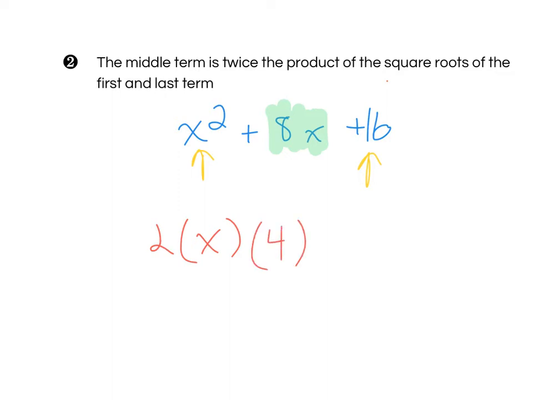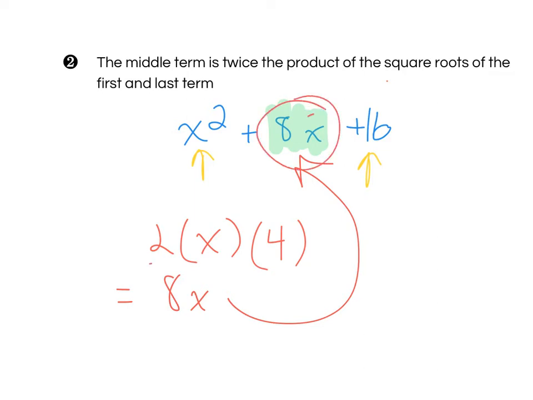So if this is indeed a perfect square trinomial, then let's go through that. The middle term is twice the product of the square roots of the first and last term. So when I went through that criteria, I get 8x. And lo and behold, that is what my middle term is. So if I recognize that my middle term is twice the product of the square roots of my first and last term, then I have a perfect square trinomial.